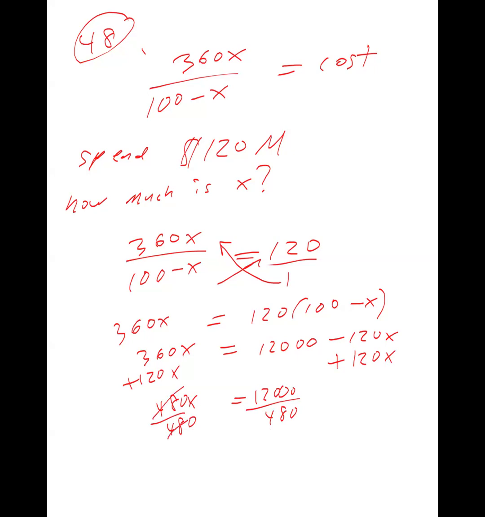I'll cancel out a 0 from each. And then I'm left with 1200 divided by 48. Let me reduce the 12 and the 48. 12 goes into 48, so if I divide, the 12 becomes 1 and the 48 becomes 4.